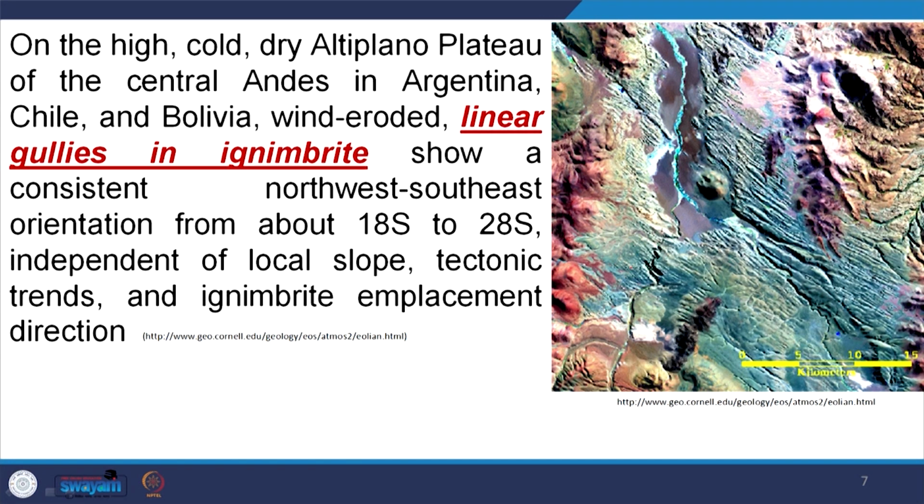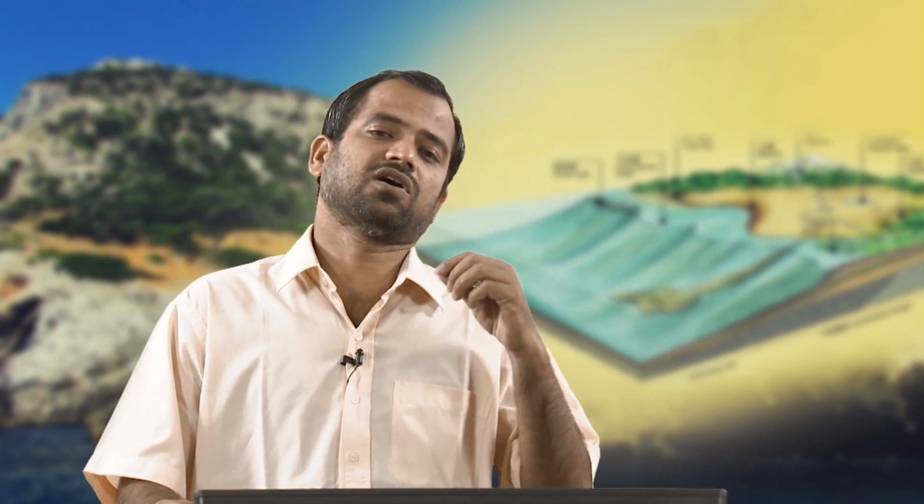You see, the tectonics, the ignimbrite emplacement directions and other factors do not satisfy the direction of this alignment. So, it is believed that these gullies were earlier created by fluvial action, later, due to this wind abrasion, these gullies widened, and this free space was filled with sandy material.